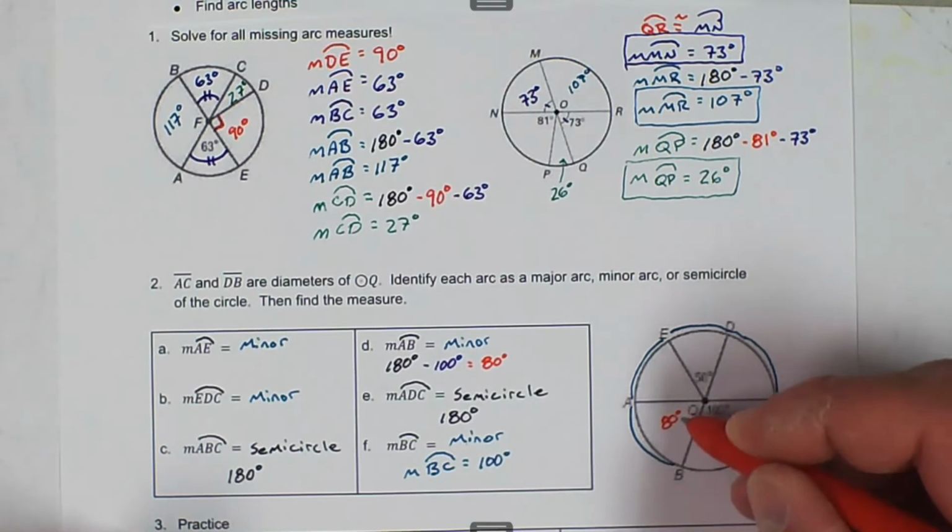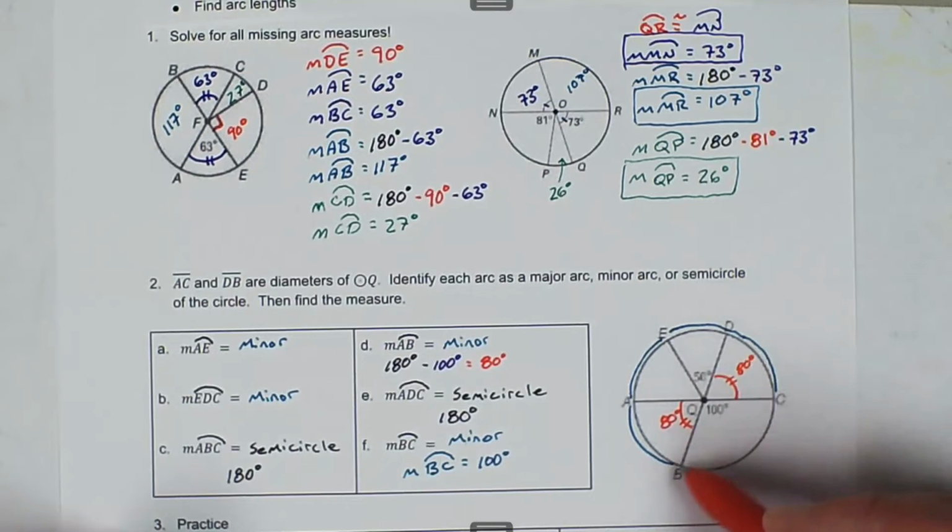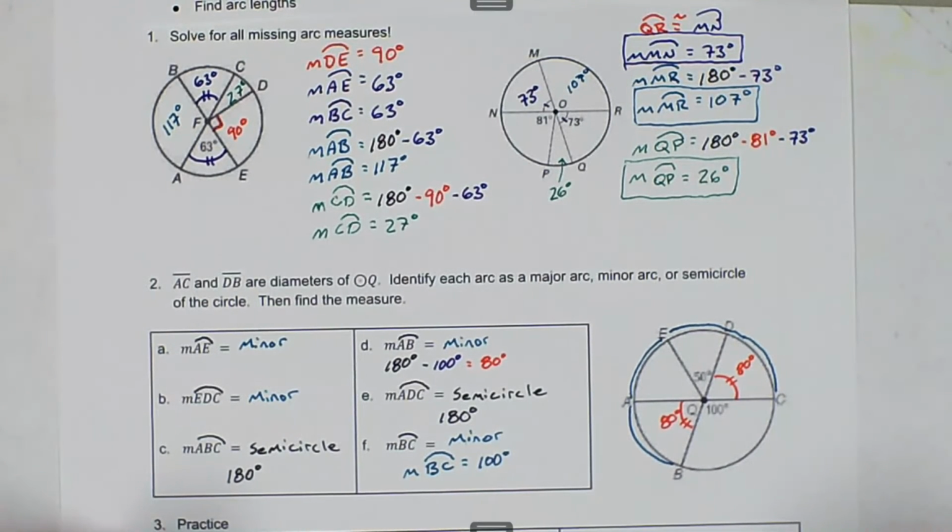That also means that over here, arc DC is also 80 degrees because those are vertical angles. But we don't have DC as one of our options. We do have EDC. So to get that whole measurement, all we have to do is add the 2 angles together, or the 2 arcs together.